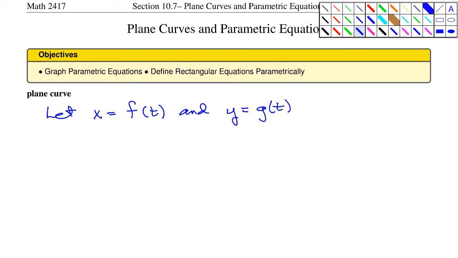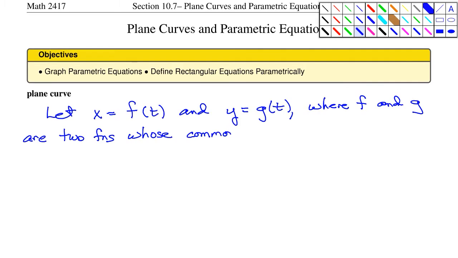And that means the y coordinates are going to be another function, where f and g are two functions whose common domain is some interval I.